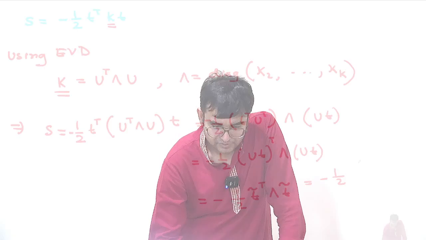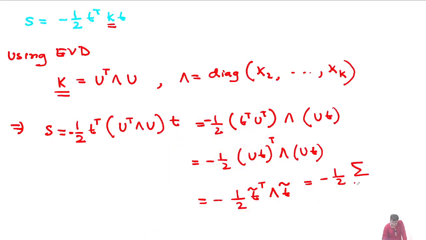Minus half summation n is equal to 2 to capital K kappa n Tn tilde square, right? Same thing, whatever you would get whenever something is diagonal.